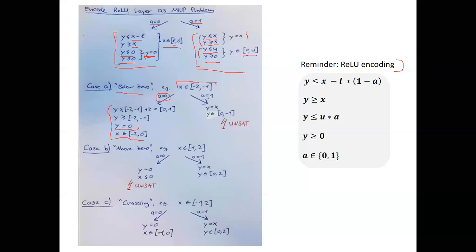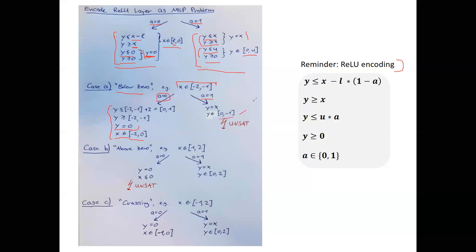Now, if a is 1, in the case where x is strictly negative in some range, if you look at the constraints up here, you know that y is equal to x. But we know that y has to be non-negative, so y needs to be between 0 and u. The upper bound of x is -1, so u is -1, and you'd end up with y being between 0 and -1.